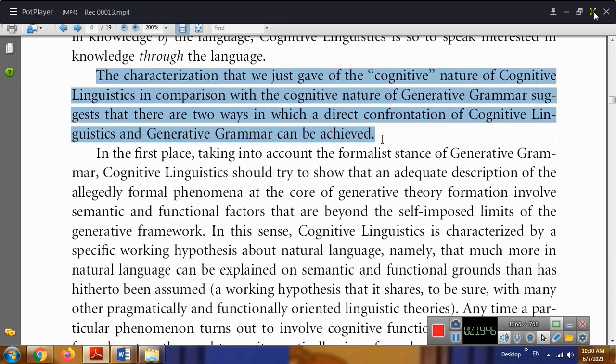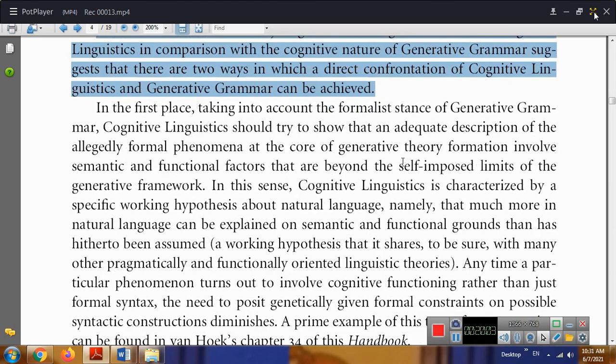The characterization that we just gave of the cognitive nature of cognitive linguistics in comparison with the cognitive nature of generative grammar suggests that there are two ways in which a direct confrontation of cognitive linguistics and generative grammar can be achieved.